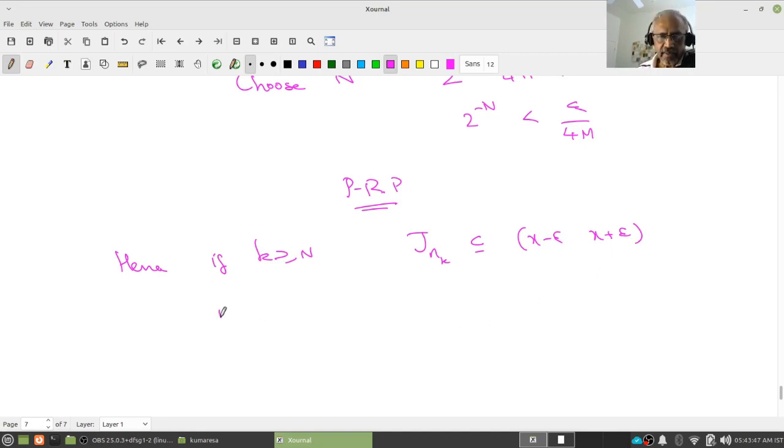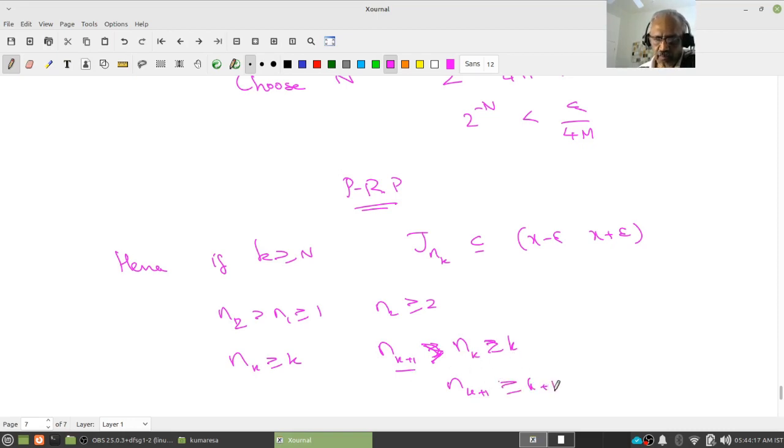Remember, n_2 is greater than n_1, and n_1 is greater than or equal to 1, therefore n_2 is greater than or equal to 2. By induction, suppose n_k is greater than or equal to k, then n_{k+1} is strictly greater than n_k, but n_k is greater than or equal to k, therefore n_{k+1} is at least k plus 1.